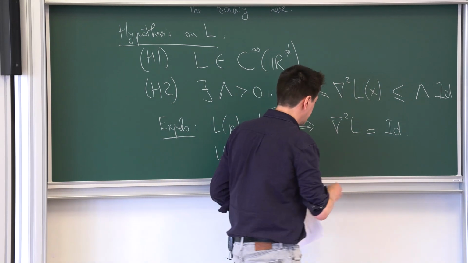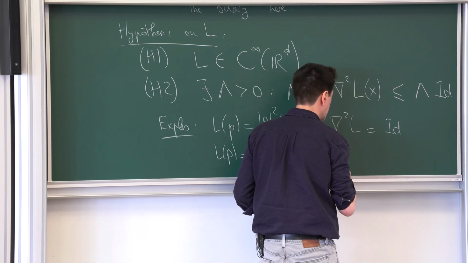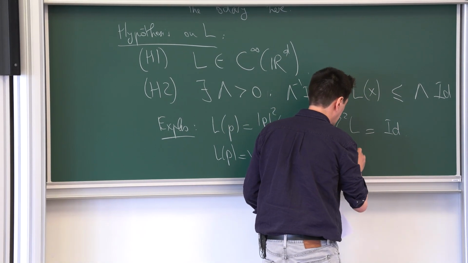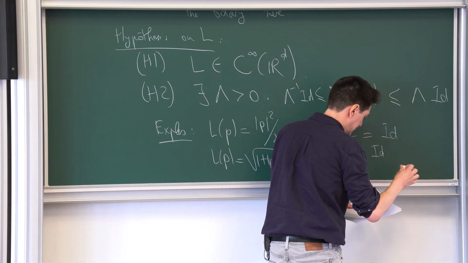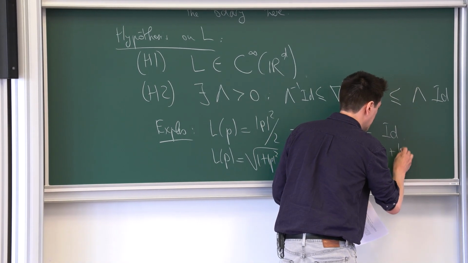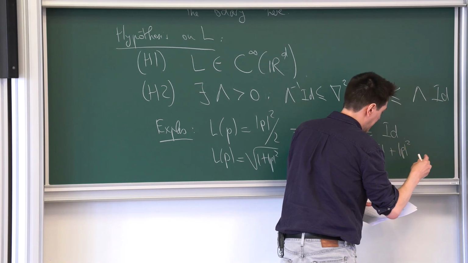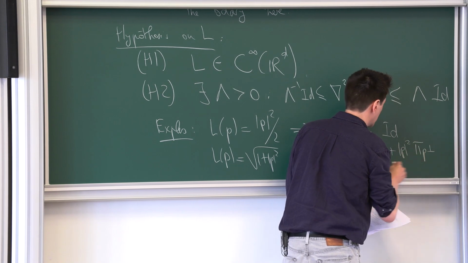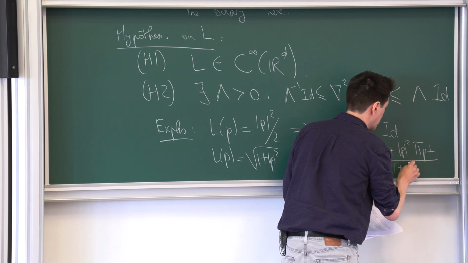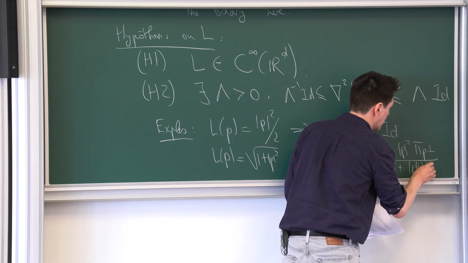So you'd get that the second derivative of L at P is identity plus P squared, and then an annoying term, which is actually just the projection on P orthogonal, times (1 plus P squared) to the 3/2.